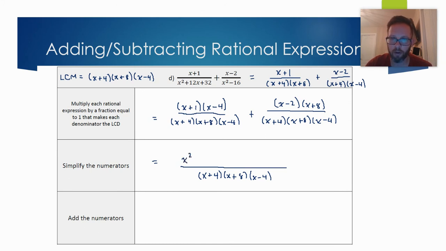X squared, 1x minus 4x minus 3x, 1 times minus 4, plus x squared plus 6x, minus 2 times 8, minus 16. And then add the numerators. We get 2x squared, plus 3x, and then minus 4 minus 16 is minus 20.